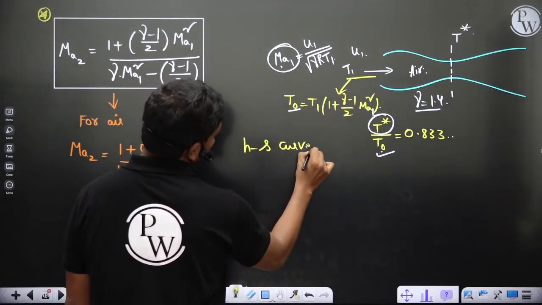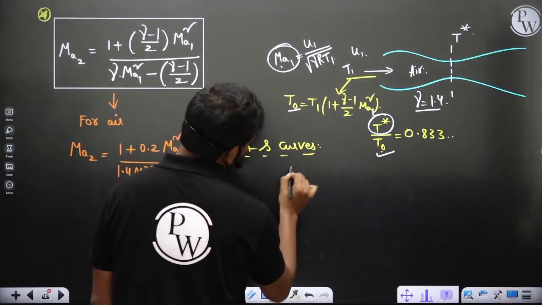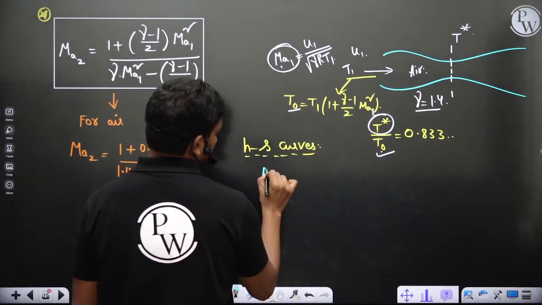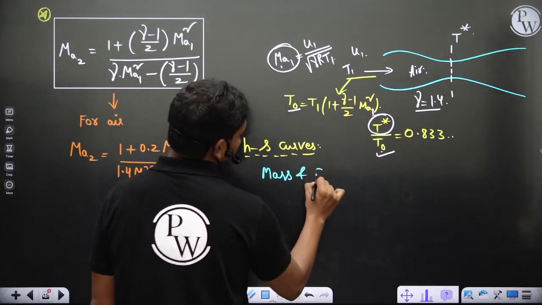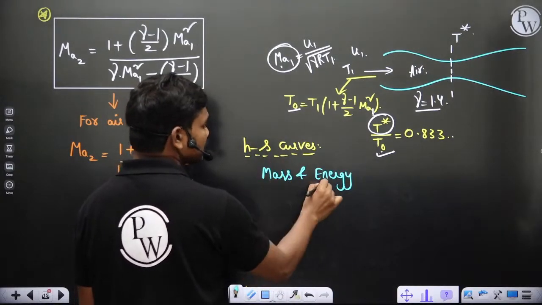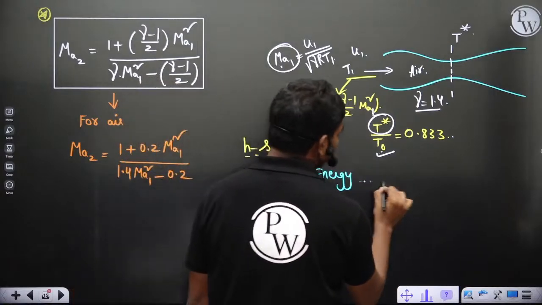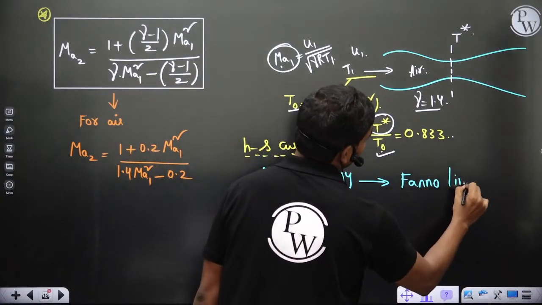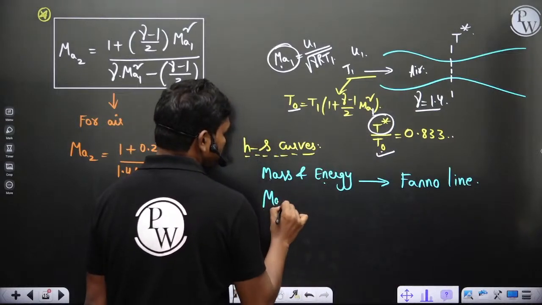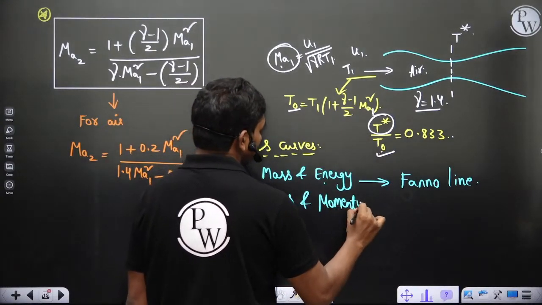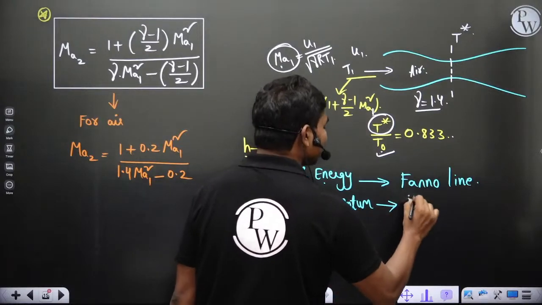If you plot them for mass and energy, meaning the locations where the energy is the same, with same mass and same enthalpy on the HS curve, you get a curve called the Fanno line, and mass and momentum gives the Rayleigh line.